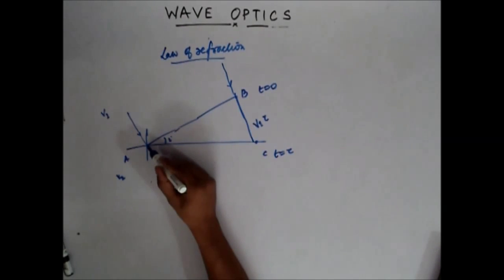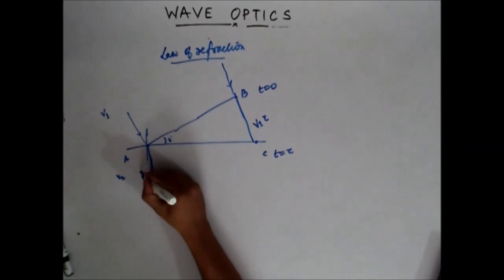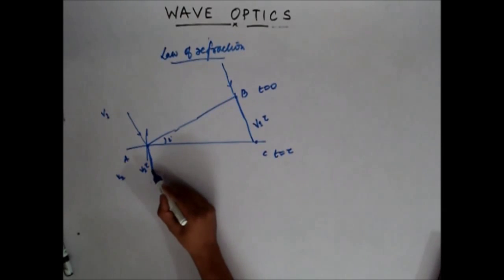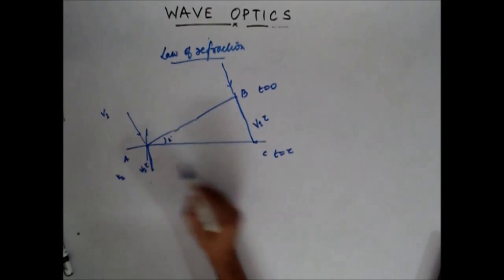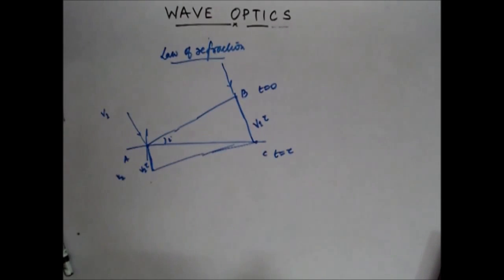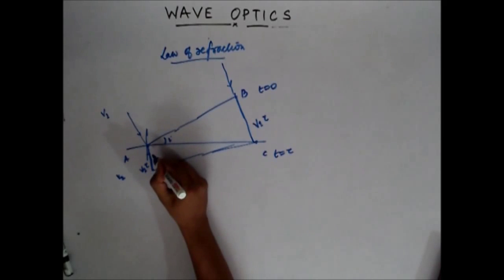Speed here is v2, so this distance is v2 tau. Now if this and these are in phase, that means this is my refracted wavefront and this angle is my angle of refraction.